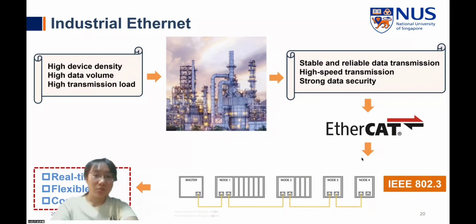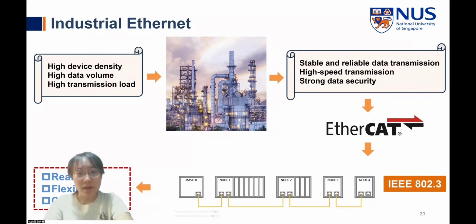Right now, a wide range of industrial Ethernet protocols are in use, and here EtherCAT is growing rapidly due to its flexibility and low cost. EtherCAT can work in real time by sending a single frame through all the nodes. The master here will build the frame and send it out.